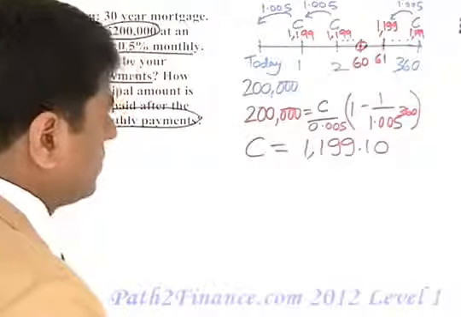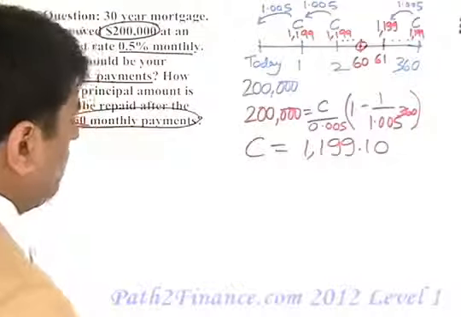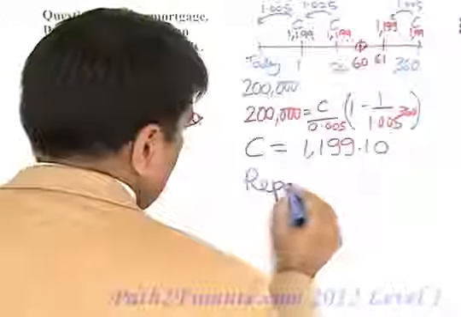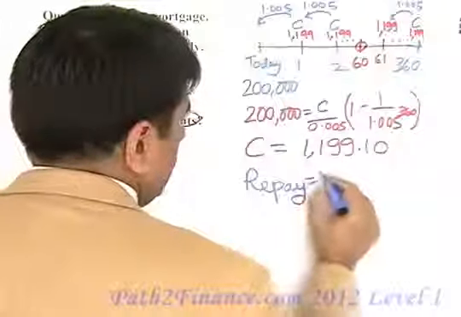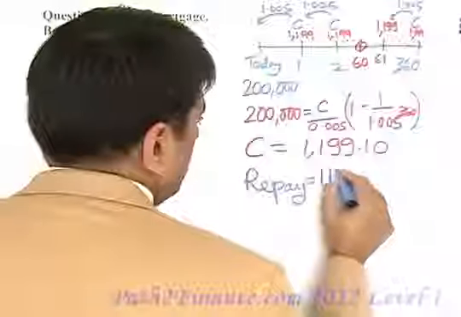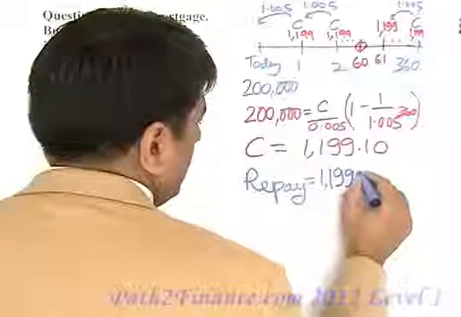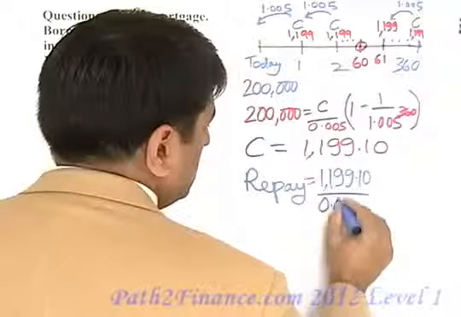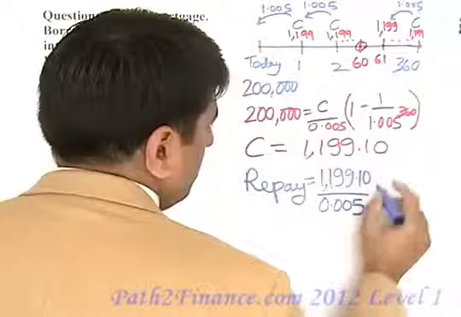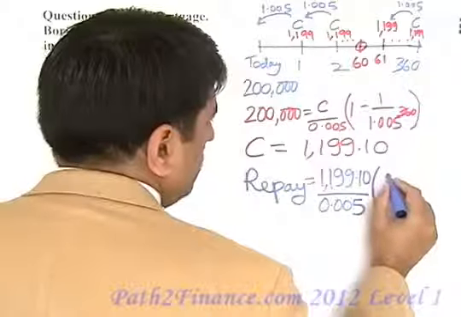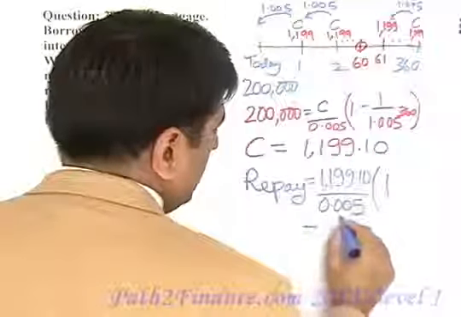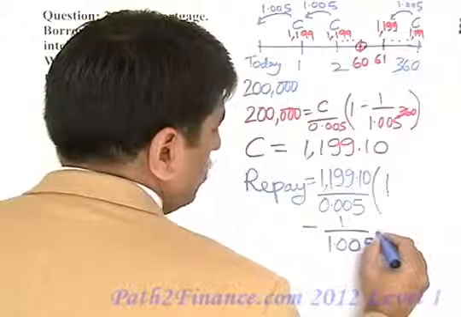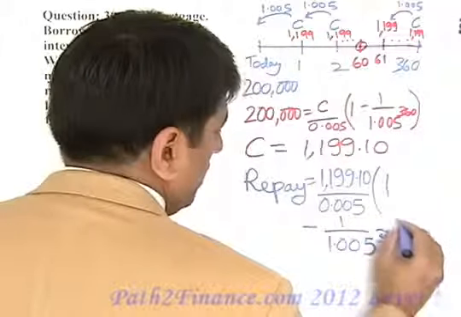So we will have repayment equal to 1,199 and 10 cents divided by the discount rate 0.005 into 1 minus 1 upon 1.005 to the power 300.